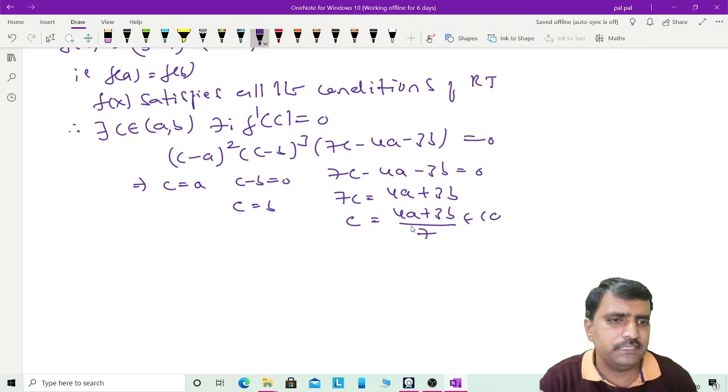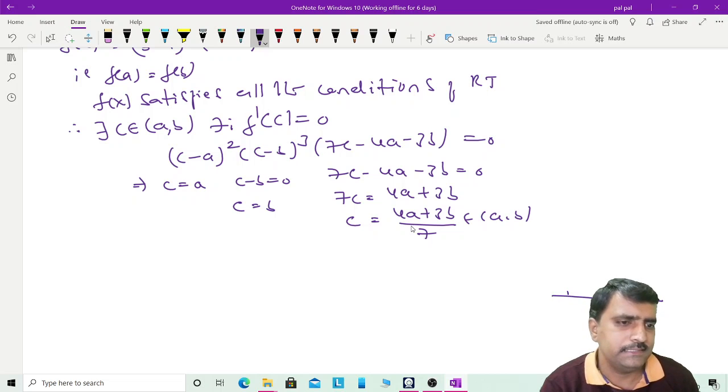Why do we say with confidence that c lies between a and b? Suppose this is the real line with points x1 and x2. C is the point that divides x1, x2 internally in the ratio m and n.